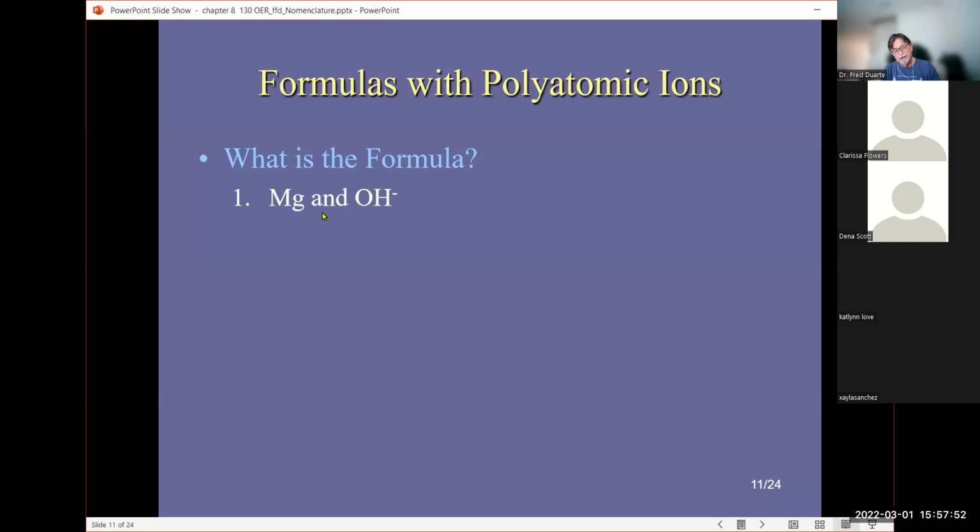All right, so we've got magnesium hydroxide, and they want you to write the formula. Well, they gave you the element Mg. As we did before, we need to figure out its oxidation state as an ion. We know that it is in group 2A, so it has a +2 charge. The OH is given to you, OH negative, okay?